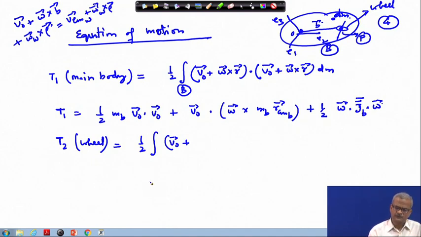Okay, so both ways we can write. So let us make it compact here first: the velocity of the center of mass of the wheel plus omega_w cross rho dot dm.